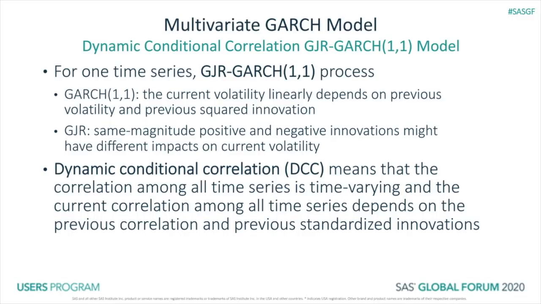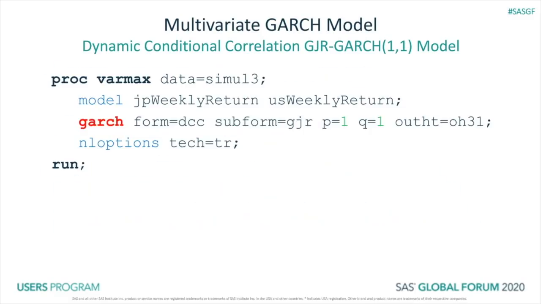Then the second big part is the DCC part, dynamic conditional correlation. It means that we believe the conditional correlation changes over time. Let's see if that's true. In PROC VARMAX, you need to use the GARCH statement.